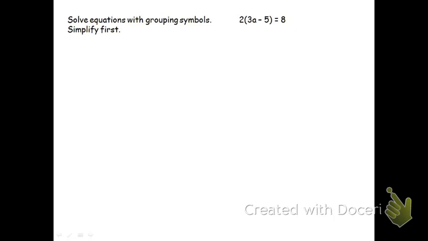Okay, sometimes your equations will be a little bit more involved. This one, we have a set of parentheses, so we need to remove those. To do that, we're going to use our distributive property. I'm going to distribute the 2 over the quantity 3a minus 5. When I do that, 2 times 3a is 6a, 2 times negative 5 is negative 10, and that's still equal to 8.